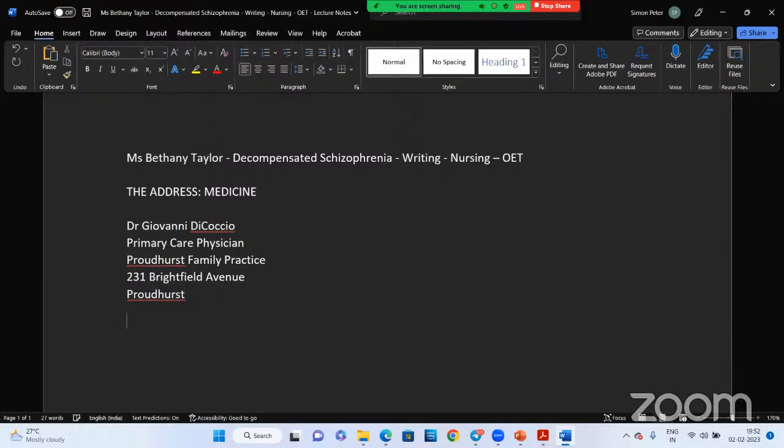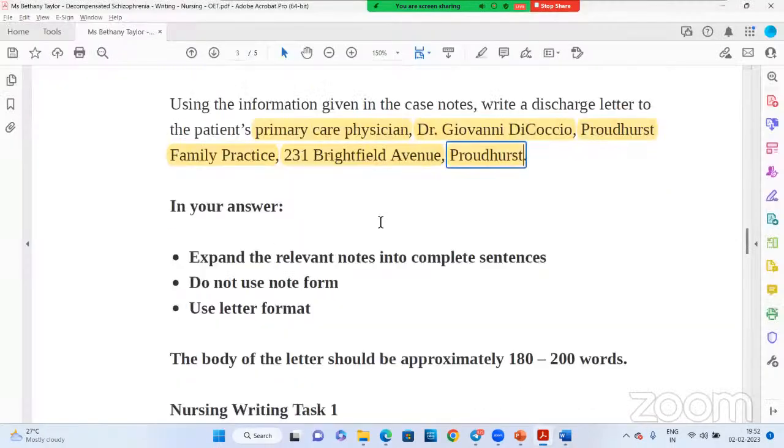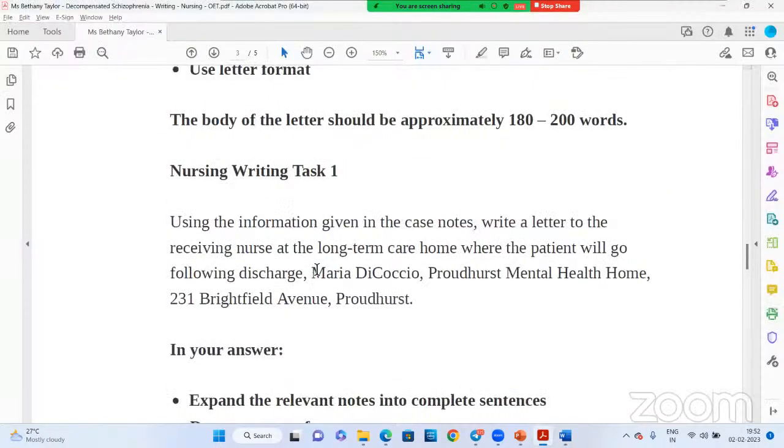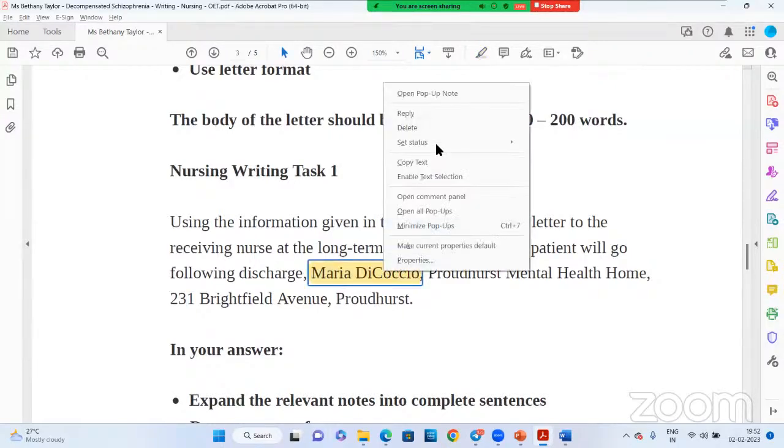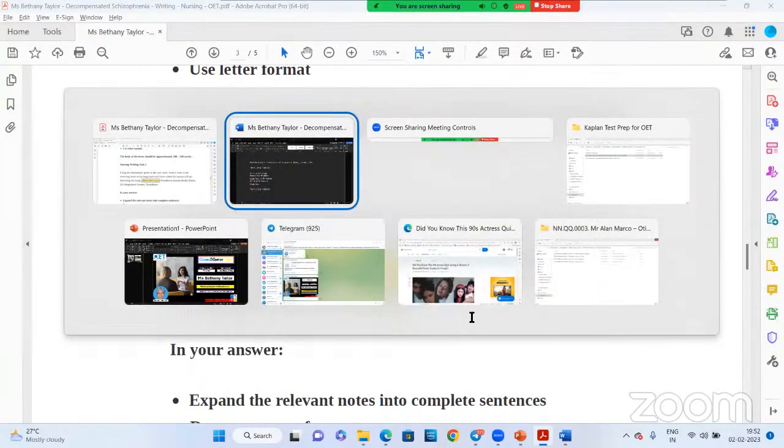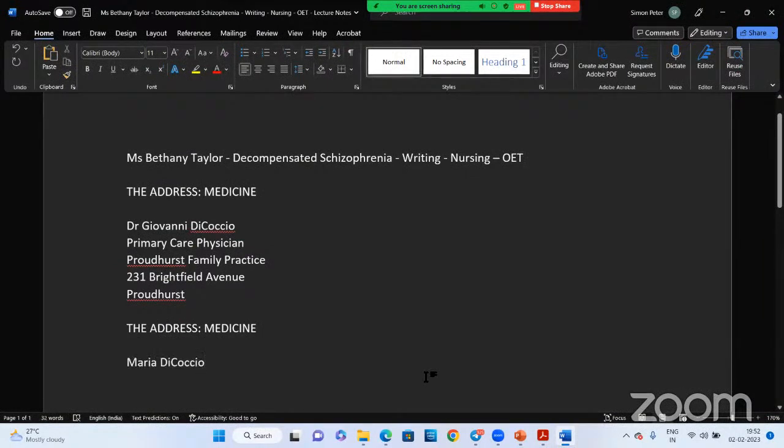Then the next part of the story is the address for nursing. Now for the address, we'll write to Mario Decompensated.